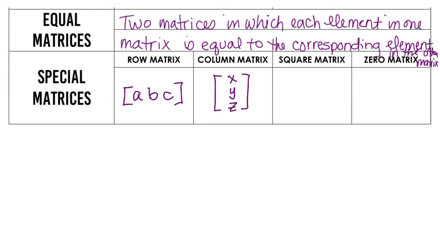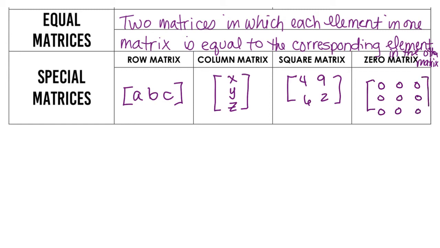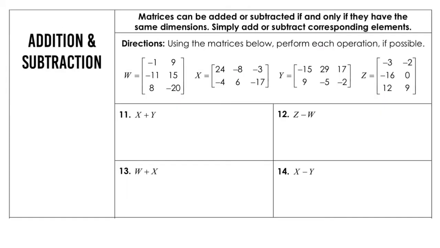And then a square matrix is a matrix that has the same dimensions for your rows and columns. So there would be a square matrix, and it doesn't have to be a 2 by 2. You could have 3 by 3, 4 by 4, and so forth. And then a zero matrix is a matrix in which all the elements are 0. So again, you have four special matrices that you need to be able to recognize.